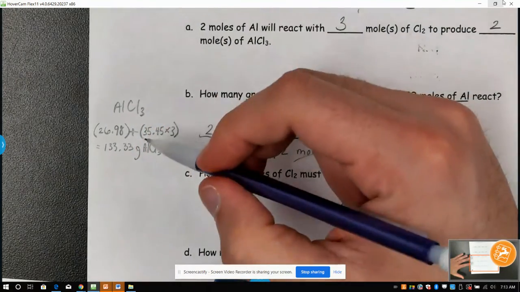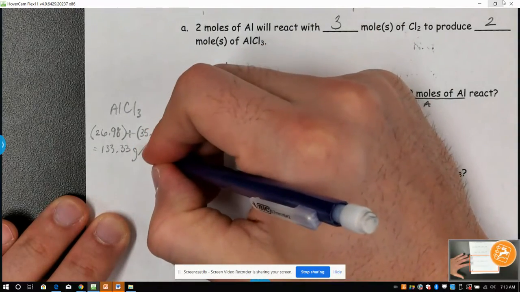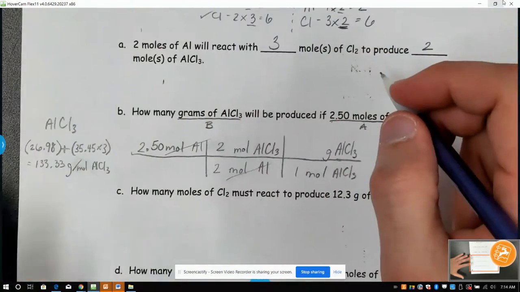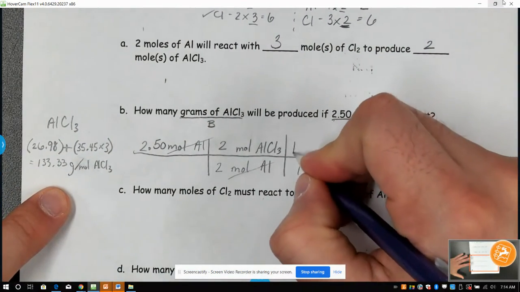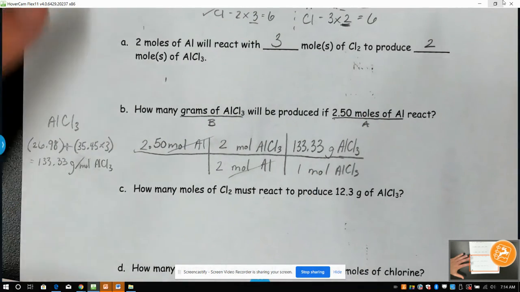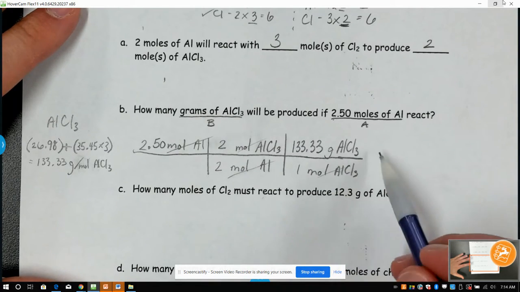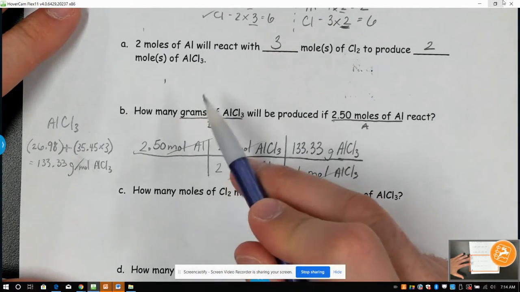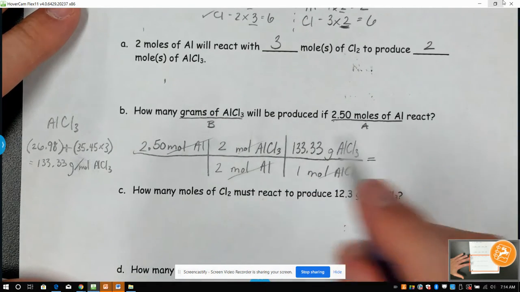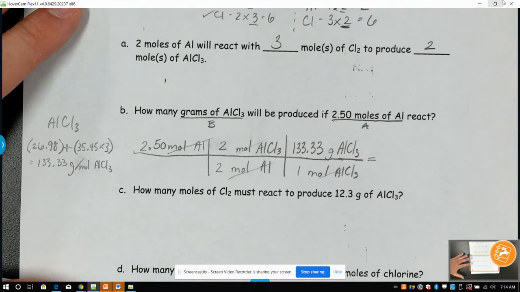That is grams per mole of aluminum chloride. So that number, that 133.33, will go there. And moles of AlCl3 cancel. We're going to be left in the unit that we wanted, grams of aluminum chloride, the AlCl3. And same thing as before, we multiply everything on top, divide by what's on bottom.